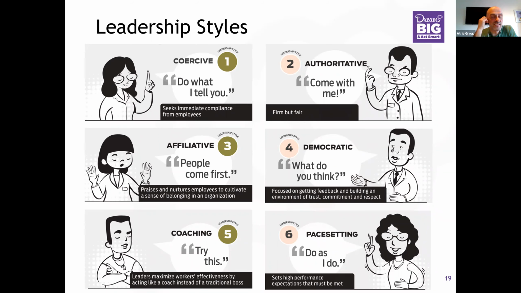However, the process is very slow. I don't know if some of you did high performance team coaching with Ericsson. In this program, we are actually testing different styles, not these six, but very similar. And when we test democratic style, what we get is that people are very happy, but the process of coming to the decision is very slow.